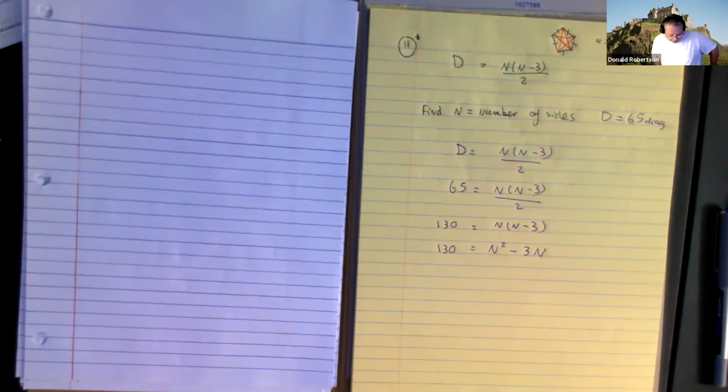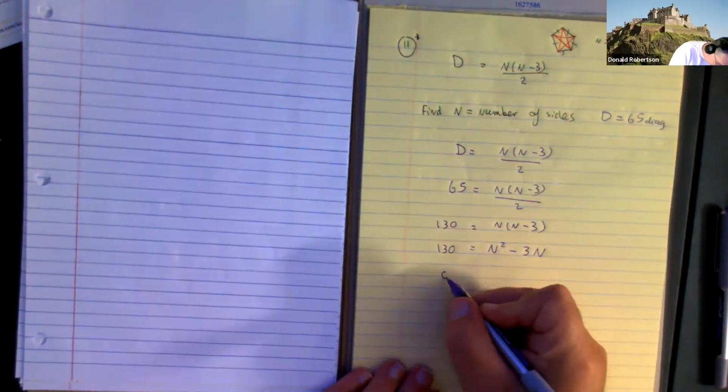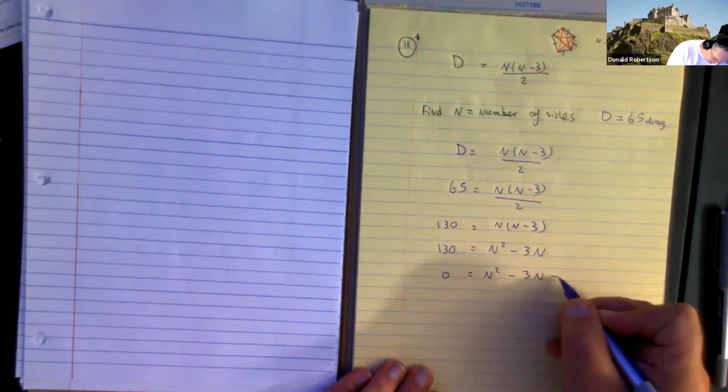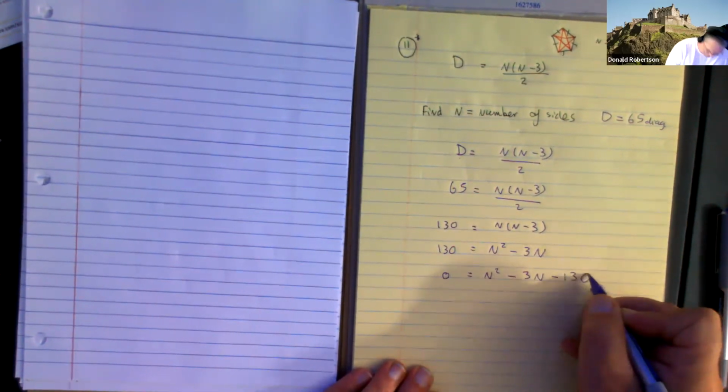So I'm going to multiply both sides here by 2. I'm then going to distribute this, which looks like that. And then I am going to subtract 130 from both sides.